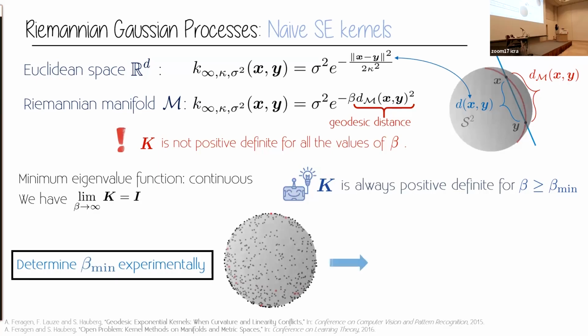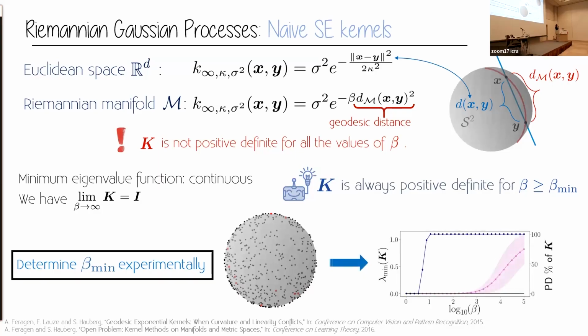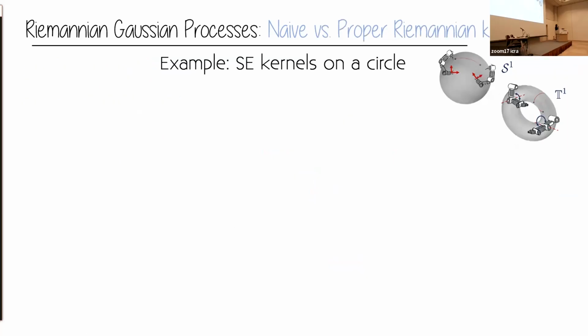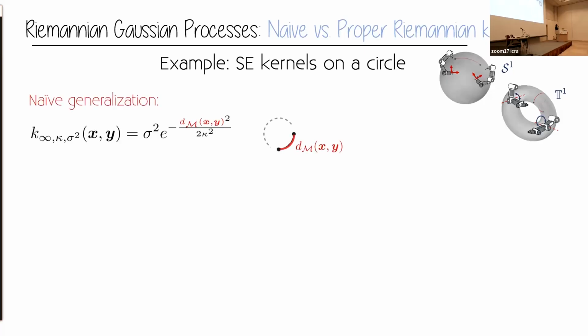So you sample many points, you check for which value of beta all your kernels are positive definite, and you choose beta such that experimentally you get always positive definite things. So this is a naive case. It kind of works sometimes, but it's still not great, okay? To show you why, you can see here the example of a kernel on a circle. So the manifold is a circle. And in that case, the naive generalization takes into account the distance between the points, geodesic distance.